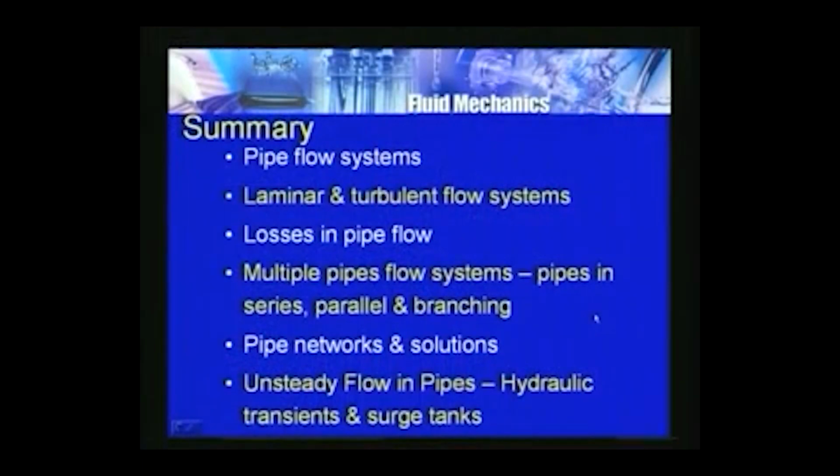Then we considered laminar and turbulent flow systems, and we have seen the losses in pipe flow, and also we have discussed multiple pipe flow systems like pipes in series, pipes in parallel, branching pipes, etc. We have also seen pipe networks and their solutions. And finally in this chapter we have discussed unsteady flow in pipes, hydraulic transients and surge tanks. So this is the last lecture of this fluid mechanics course.